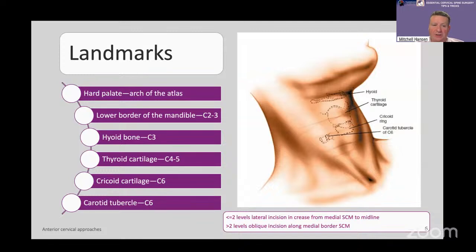And certainly I use radiography to help plan the incisions, certainly for multiple levels. For 1 to 2 levels, I can generally do a transverse incision, but if I'm going longer, then I'll look at an oblique incision, which generally runs along the medial border of the SCM.